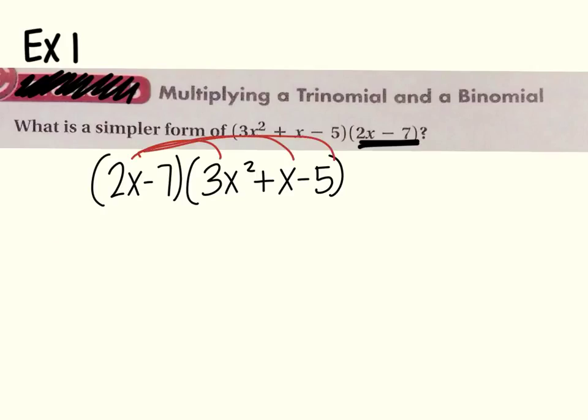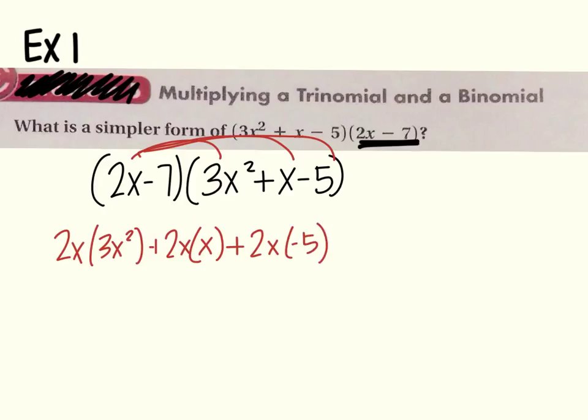So that's going to be 2x times 3x squared plus 2x times x plus 2x times negative 5. And then you're going to distribute the last term.